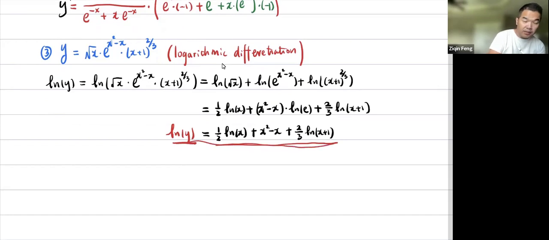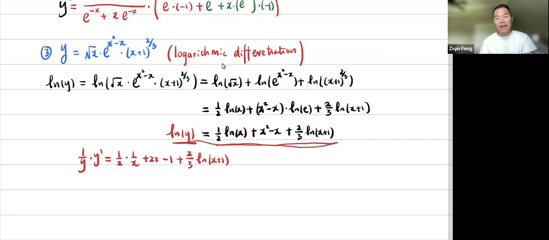Left side, apply chain rule, outer function in natural log, to get 1 over y times y prime, right? The right side, the first term is 1 over 2x. Second term is 2x. Third term is minus 1, then plus 2 over 3 natural log of x plus 1.